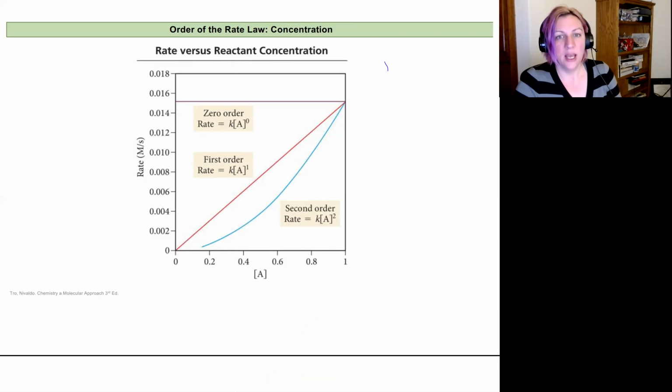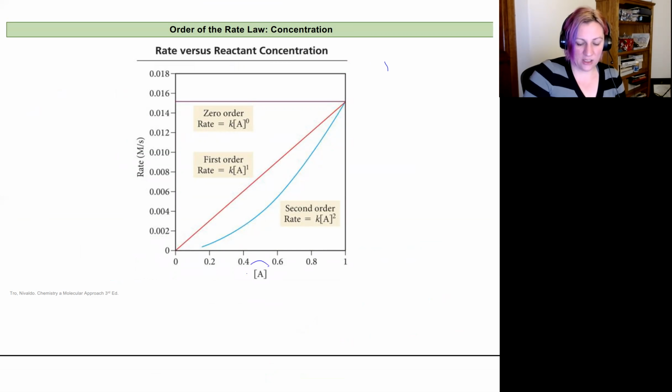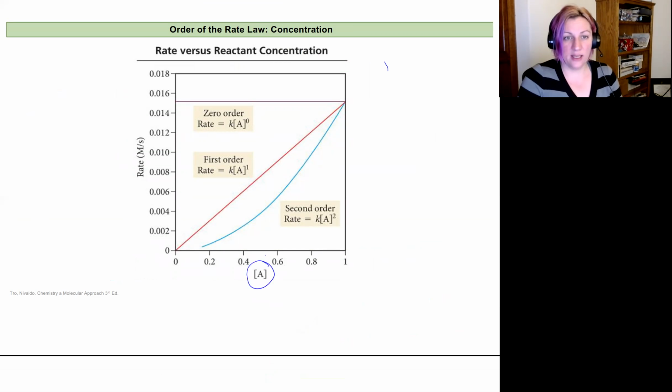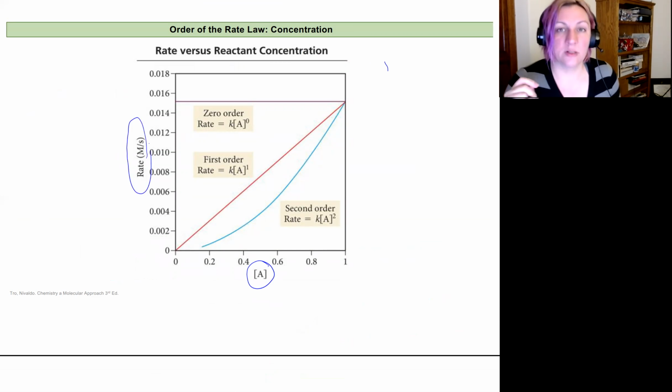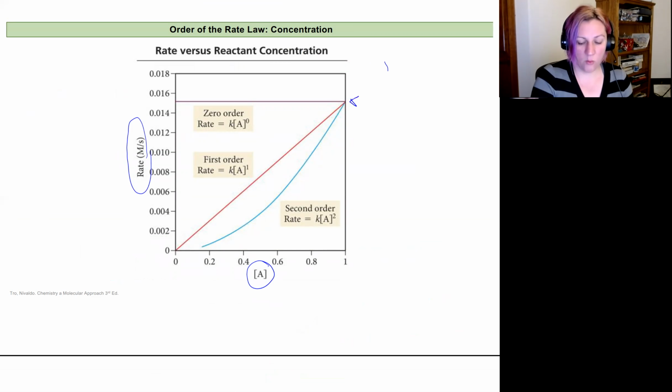And for simple ones, we can look at this graphically to represent this difference in orders. So this is going back to our simple example where we're just looking at one reactant A forming products. Now, this is looking at a change in the concentration of A versus the rate. If it's zero order with respect to A, then that means no matter what my concentration is, the rate is unaffected, or it just doesn't change depending on the concentration.